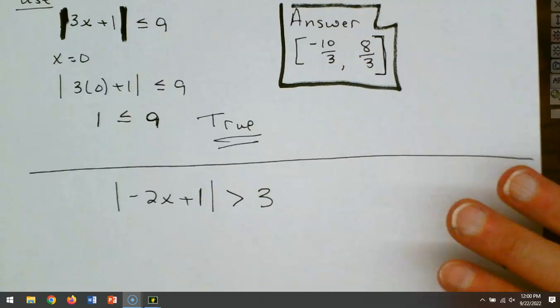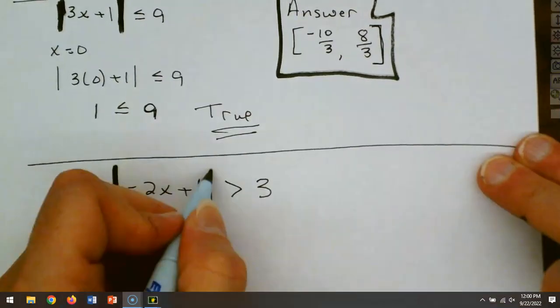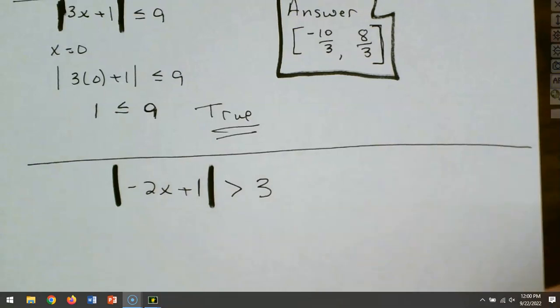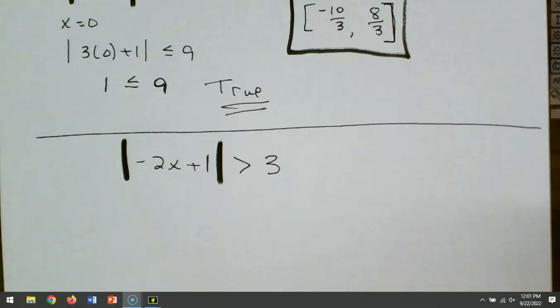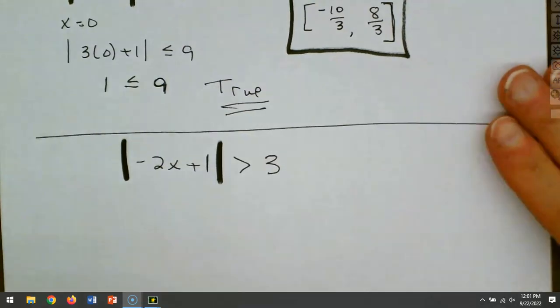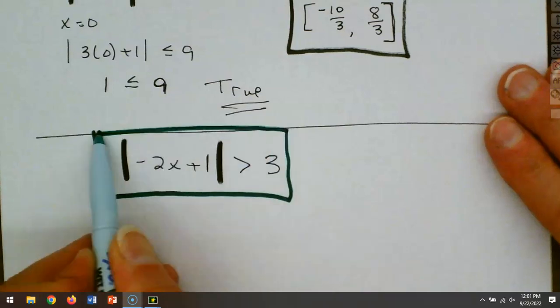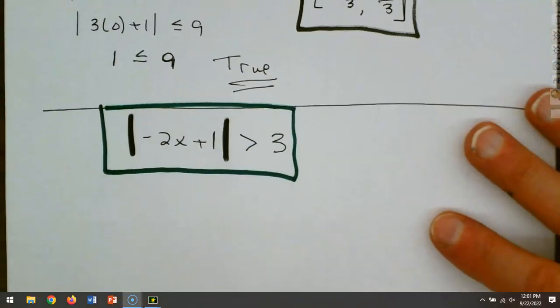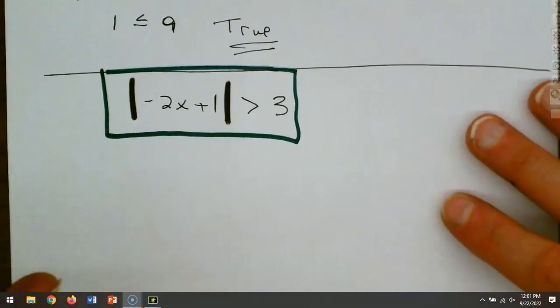Okay, so we're going to try and solve this one. Well, do I have to move anything around first? Nope, it's already set up. The absolute value is by itself on the left. I like to put a box around it so I can keep track of it, because that's what I'm going to check my solutions in. So I'm going to check it in that.